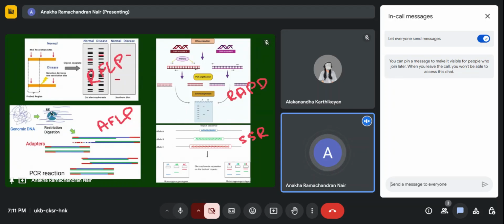RFLP uses restriction digestion, RAPD uses PCR amplification, and AFLP uses both restriction digestion, like you can see, and PCR amplification. So the correct answer is in fact AFLP.